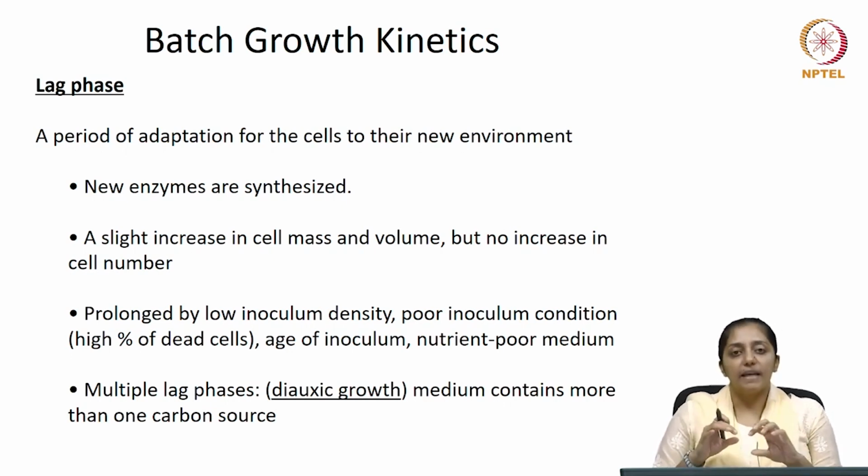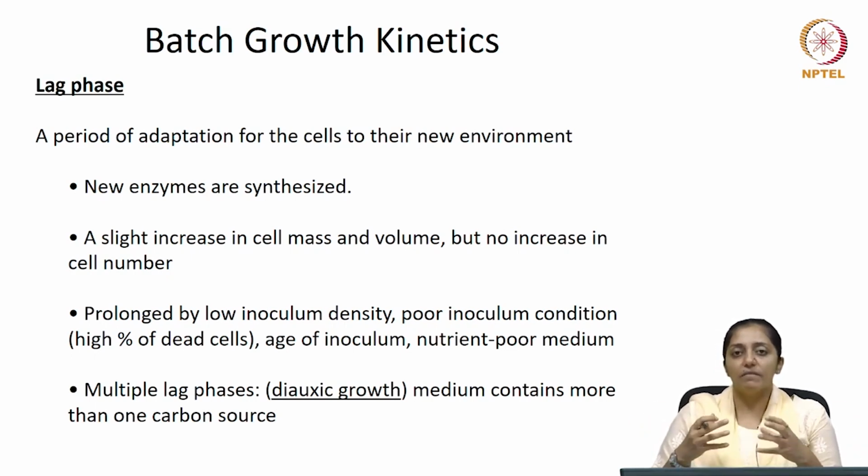The lag phase can be extended or prolonged if we use too low an inoculum density. Inoculum density means the inoculum size, the number of cells per unit volume. Or if the inoculum is not healthy, which means that we know that all the cells are not at the same growth stage, but if the majority of the cells are in the non-growth phase in the inoculum, then again you will have an extended lag phase.